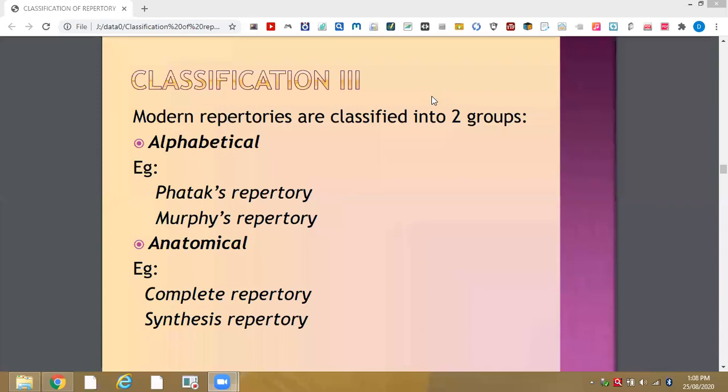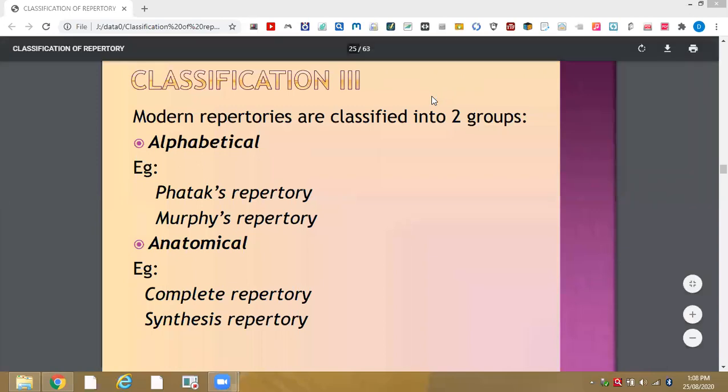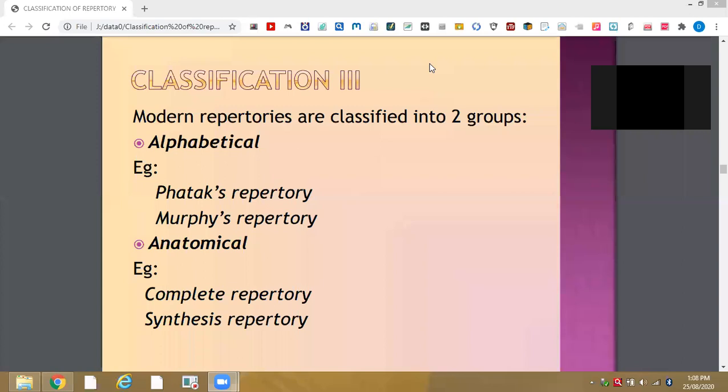Anatomical repertory means the repertories in which the arrangement of the sections is according to the anatomical division of the body. So it is called anatomical repertory, and the examples are Complete repertory, Synthesis repertory, and Kent's repertory.